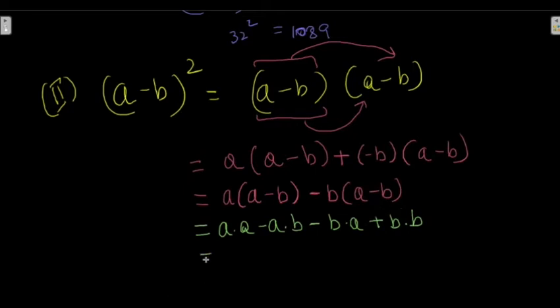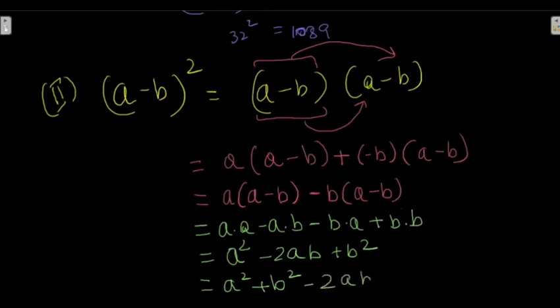So this is a times a is a square, minus ab minus ba. It's one same thing, so they'll add up. So it becomes minus 2ab. B into b becomes b square. So which is equal to a square plus b square minus 2ab.